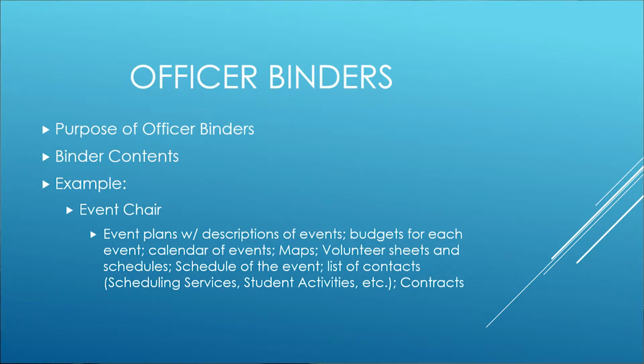If you are the vice president and one of your duties is to fill in for the president in their absence, you want to be sure that's included, so the vice president knows what to do if they need to be the acting president. Otherwise, the president is gone, the president has their binder, and the vice president doesn't necessarily know what to do when they have to run a meeting.